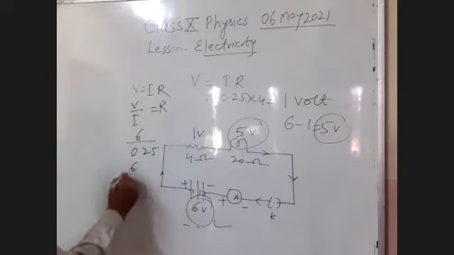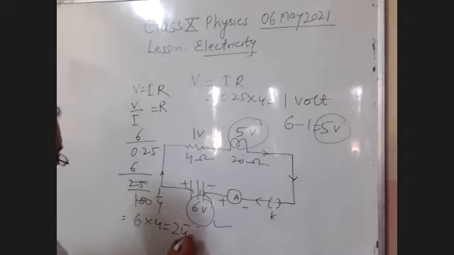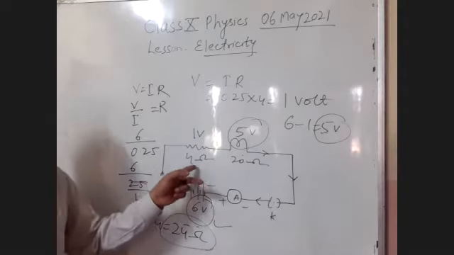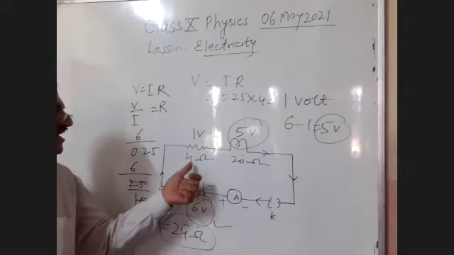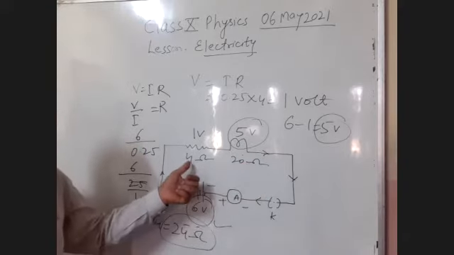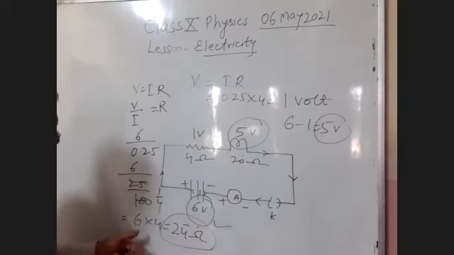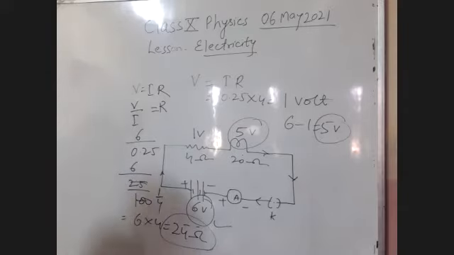Students, 6 divided by 25 by 100, it is 1 by 4, and 4 will go in the numerator. 6 into 4 is again 24 ohm. Earlier also we saw by using the direct formula that R is equal to R1 plus R2, it is 24. When we calculate using Ohm's law, it also comes 24 ohms. Is it clear, students?